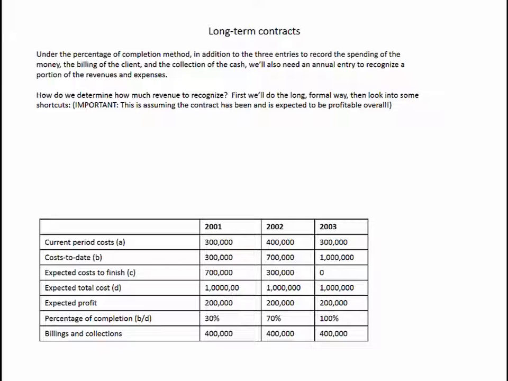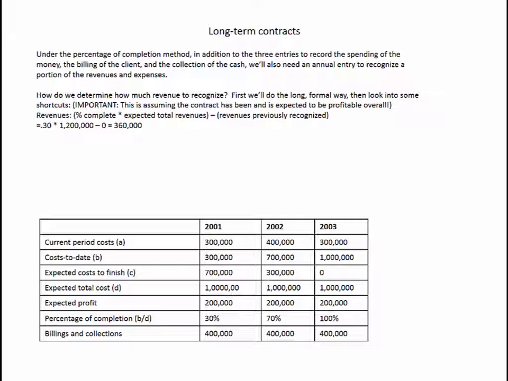What we're doing in this set of slides assumes that the contract has been and is expected to be profitable overall. In this case, the contract price is $1.2 million. The expected total costs are $1 million, so we think this contract is going to make us a $200,000 profit. Now the revenues will be calculated as the percentage complete times the expected total revenue minus any revenues previously recognized.